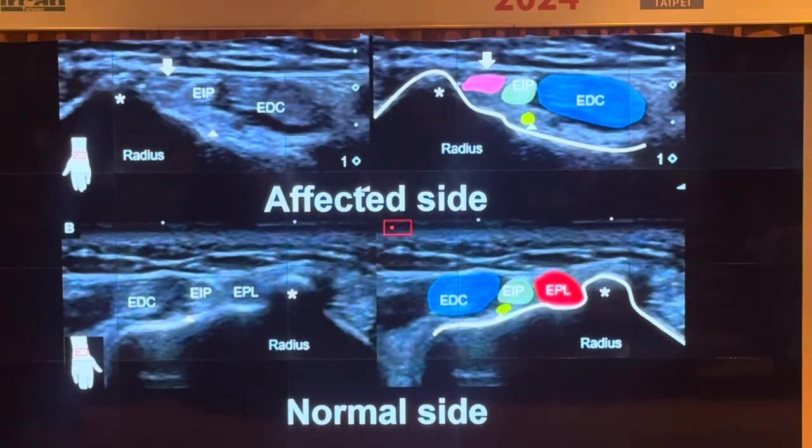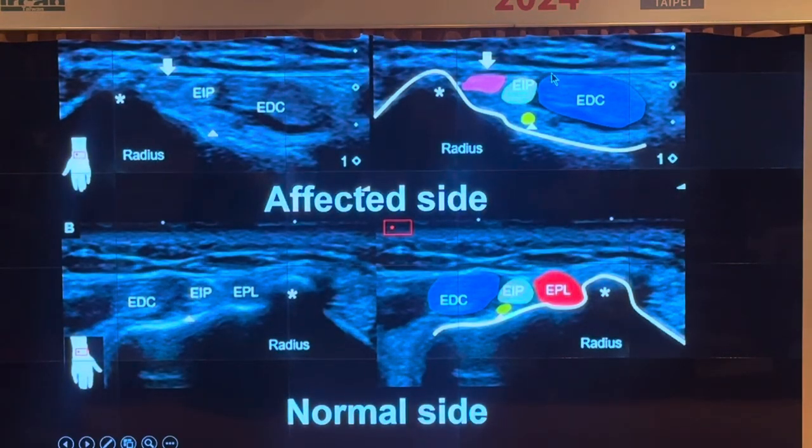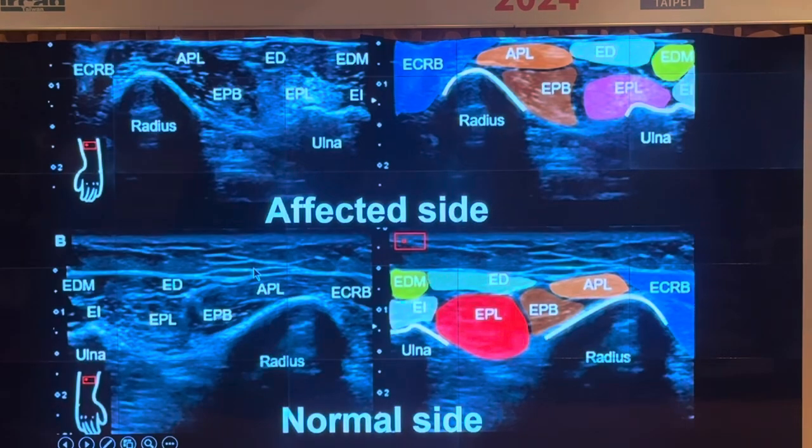So we used ultrasound to evaluate. At the dorsal aspect of the wrist, you can find this is the area where the extensor pollicis longus should be located. But on the pathological side, you barely find any tendon fibers in comparison with the normal side. If we move our transducer to the more cranial part, we can identify this area is where the muscle of the extensor pollicis longus should be located.